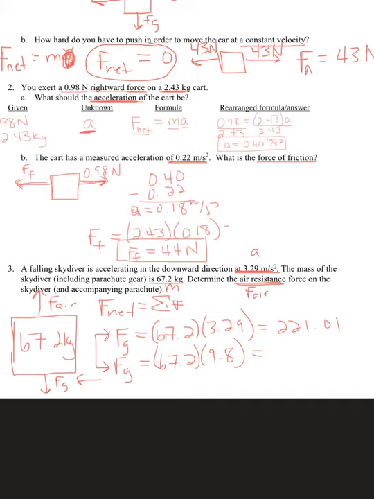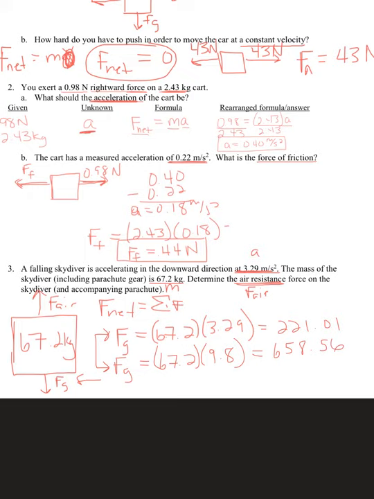Let me try that one more time. I think I might have made a calculation error. Times 9.8. There we go. 658.56. I can round it to the nearest whole number.